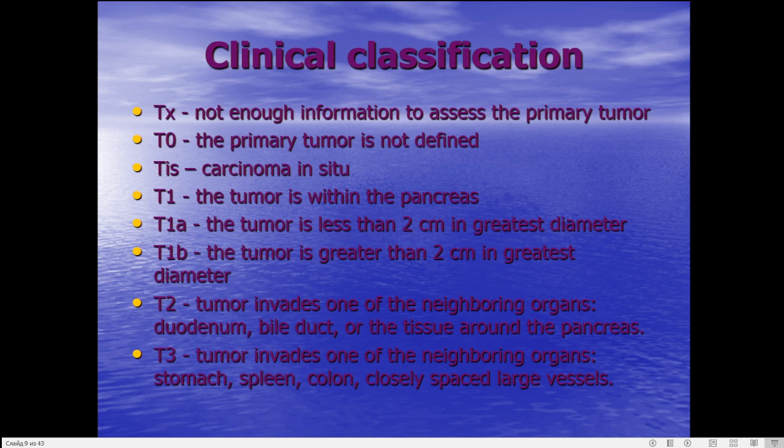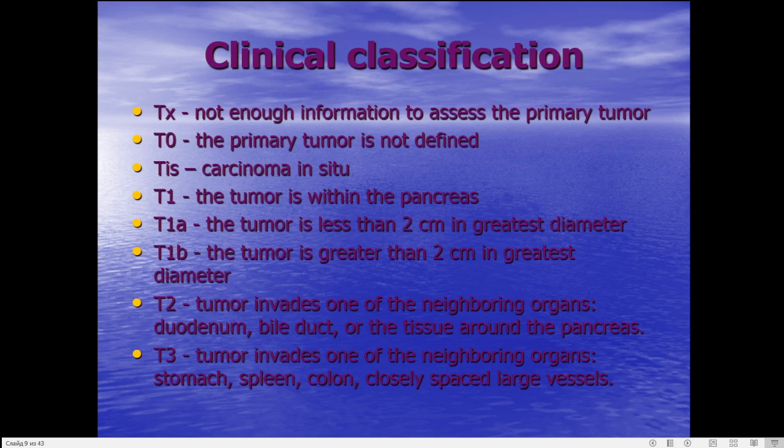What does in situ mean? When we say carcinoma in situ, it means the tumor is in a very early stage and the carcinoma is not invasive through the epithelium.